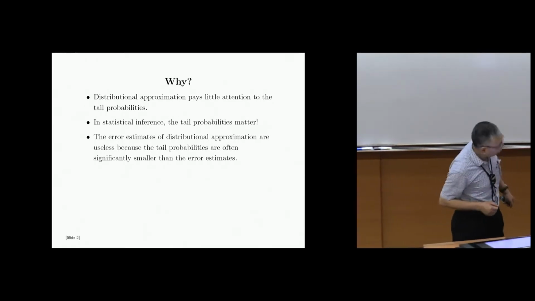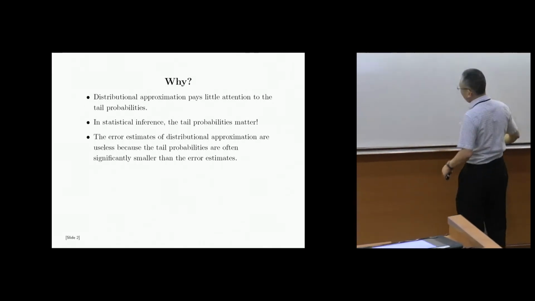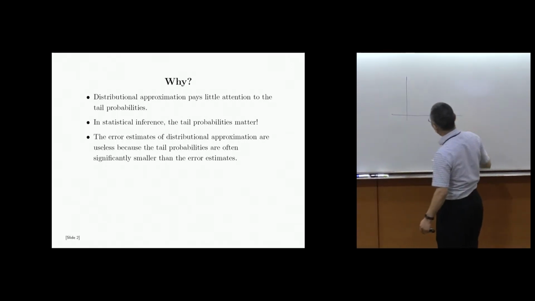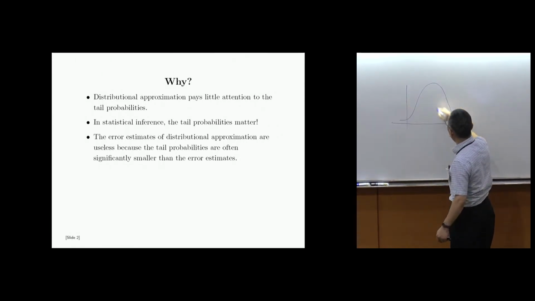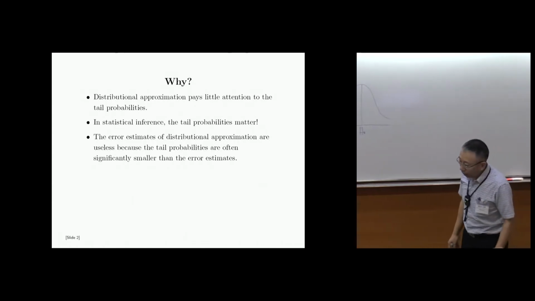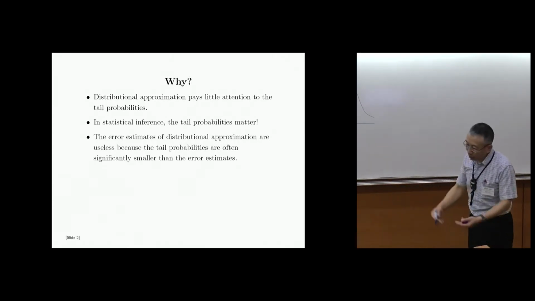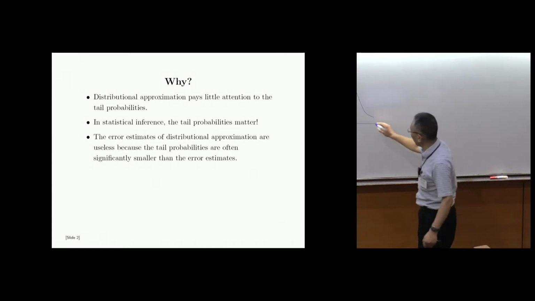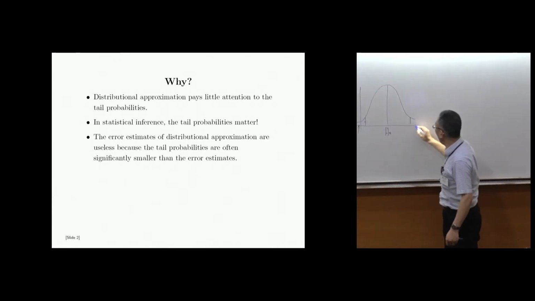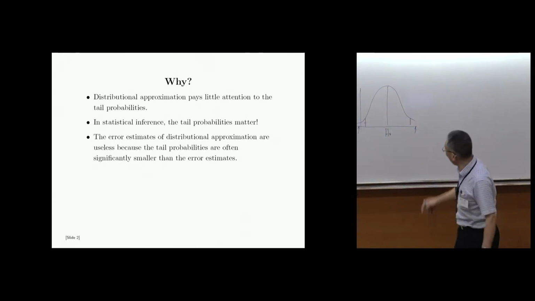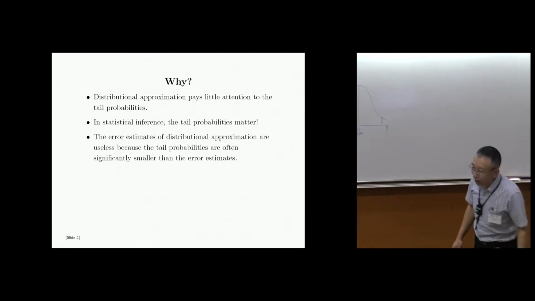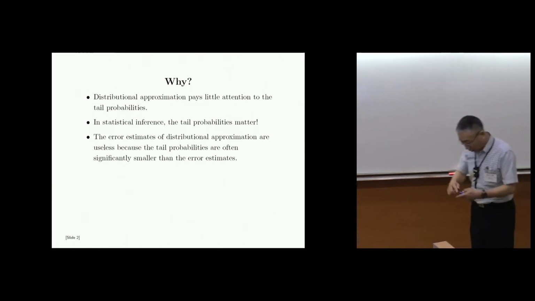Now, why do we need tail probabilities? In statistical inference, I hope you still remember that you have a null hypothesized statement, and then you look at the data you observe, and you propose a statistic, and then you put it in to see whether the values fall in here or in here. If the values fall in either tail, then we say your null hypothesis is questionable, and the evidence is against your null hypothesis.